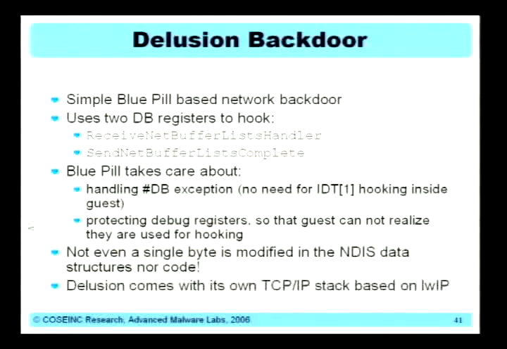So we use two debug registers to hijack execution of those two functions, receive net buffer list and send net buffer list from NDIS. And blue pill intercepts the debug exception.